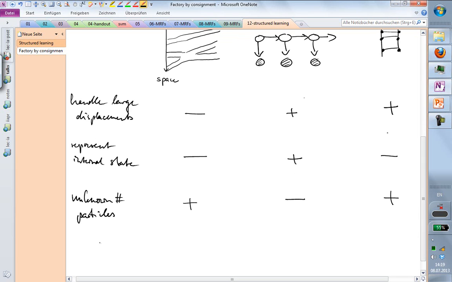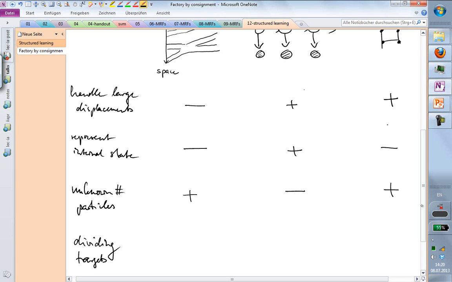Also, if you're in a situation where your particles can divide, so dividing targets, that is particularly important in certain biological applications. The first approach can handle this. State space methods, no. Tracking by assignment, yes.